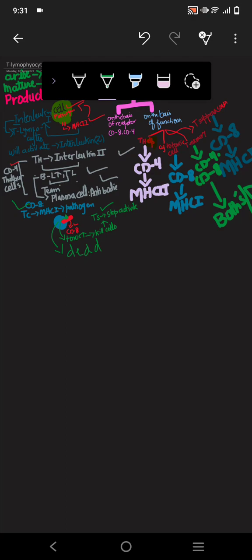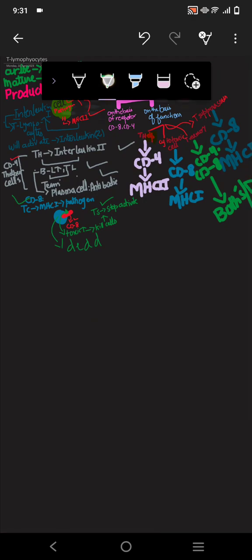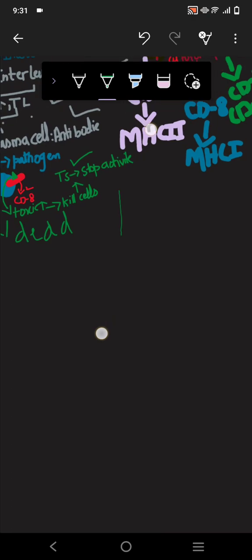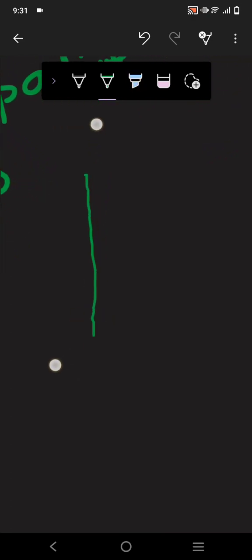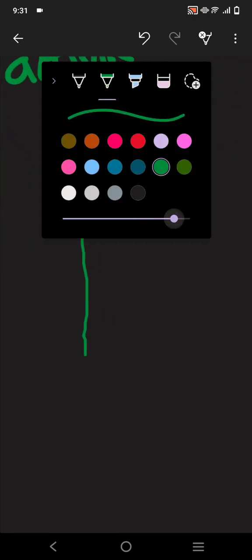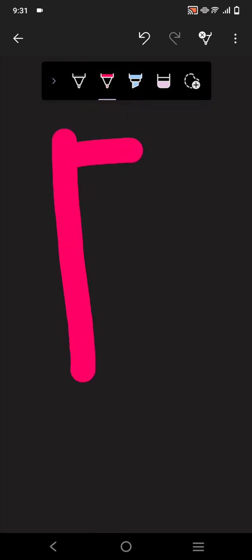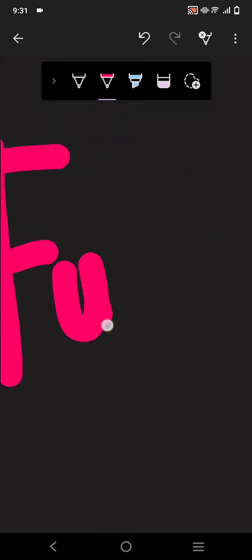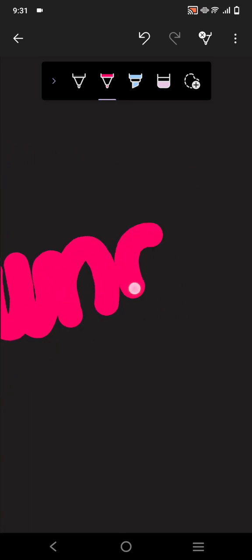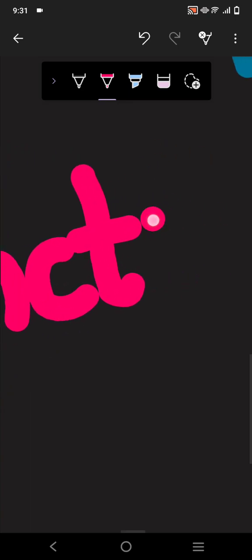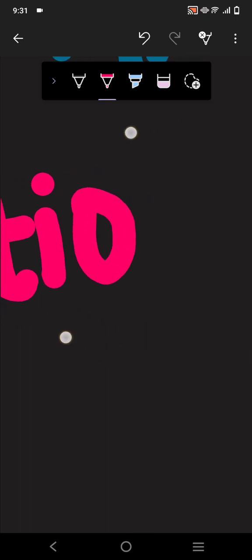Now we will be having a look at the functioning of these cells.